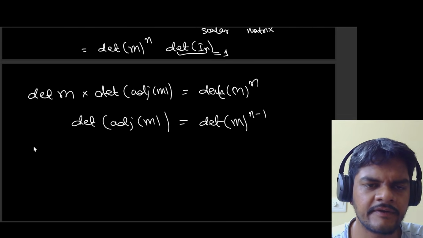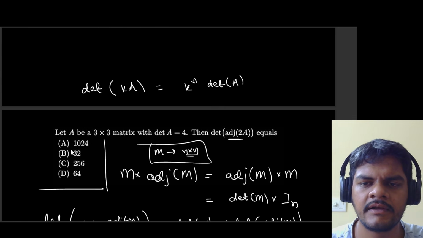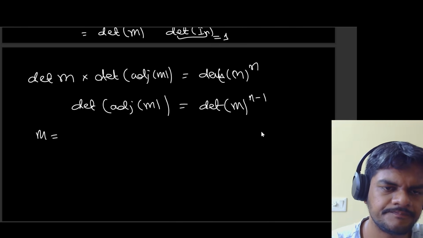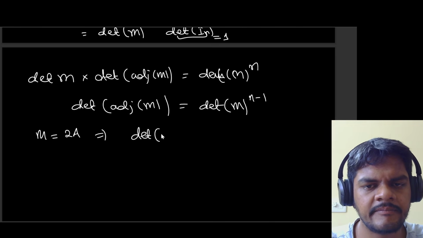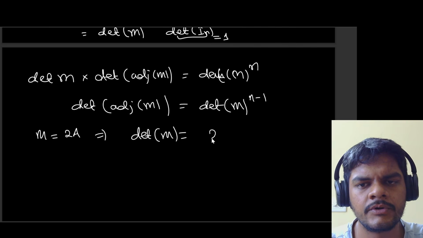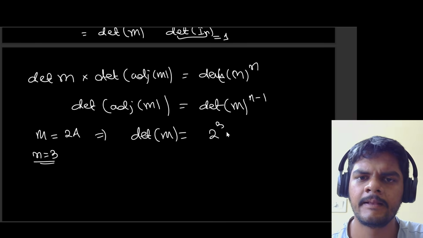So in case of our 3 cross 3 matrix, in case of our question, our M is 2A. That will imply determinant of M is equal to 2 cube determinant of A, and our M is 2A and n is equal to 3. That is also there, obviously.